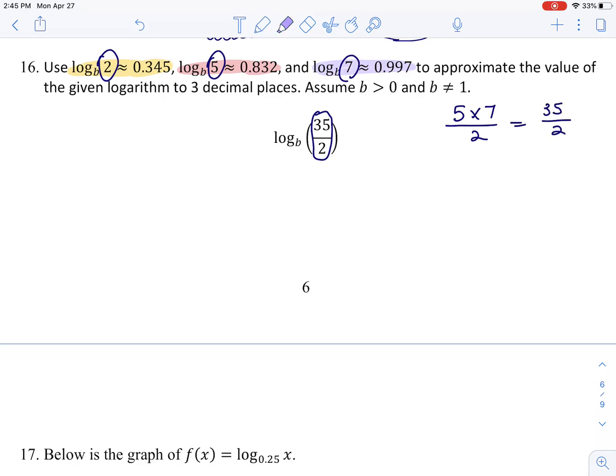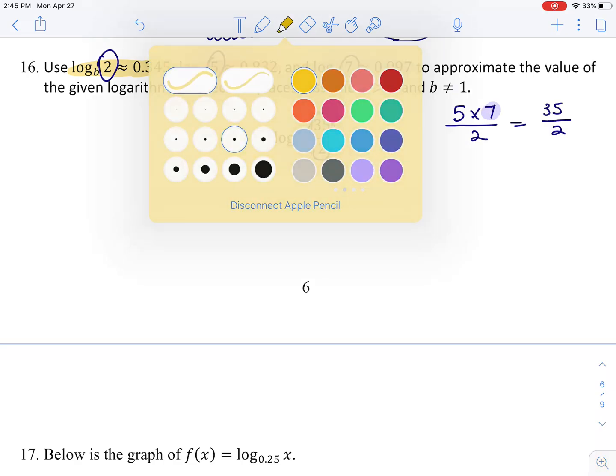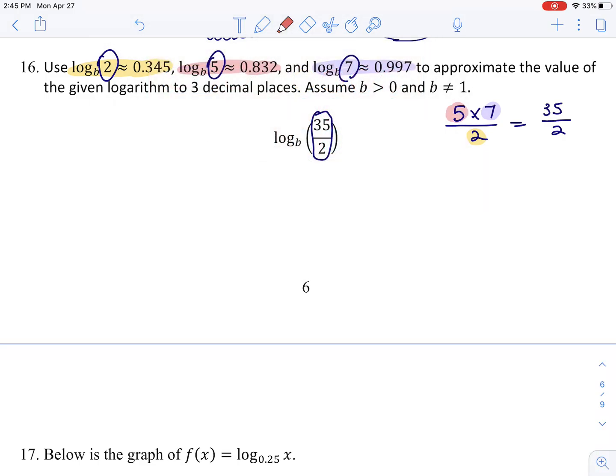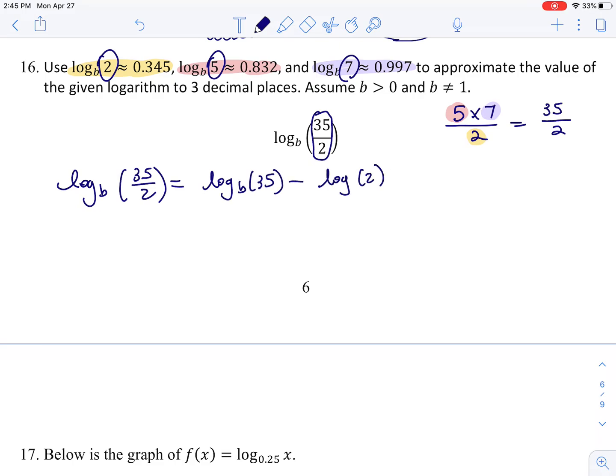So using the 3 pieces, and the 3 pieces are the 7 from the third one, and I also have the 2 from the first piece, and then the 5 was the middle piece. I can use these 3 given pieces and make the argument of the one that we're trying to break down. So let's go ahead and rewrite this, okay? So log base b of 35 over 2 is equal to log base b of 35 minus log base b of 2, isn't it? Right? I'm going backward.